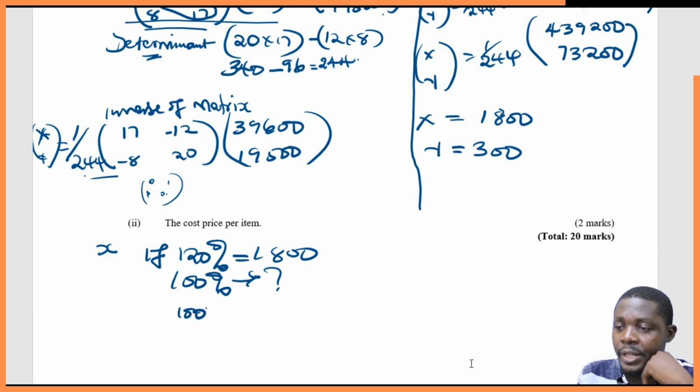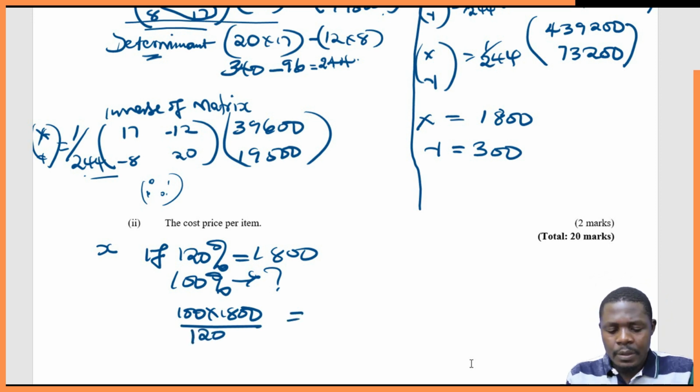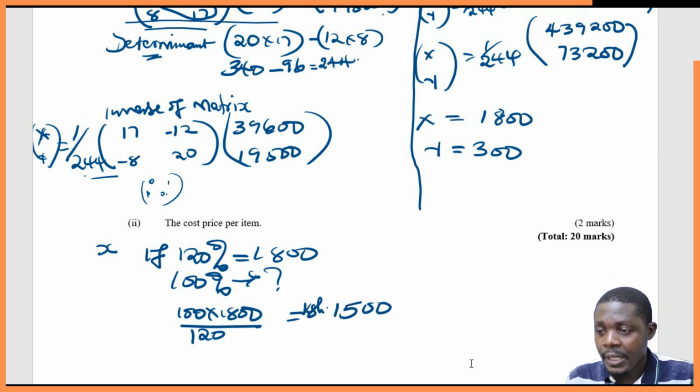We multiply 100 by 1,800 and divide by 120. Meaning the cost price of one thermos flask was 1,500 Kenya shillings.